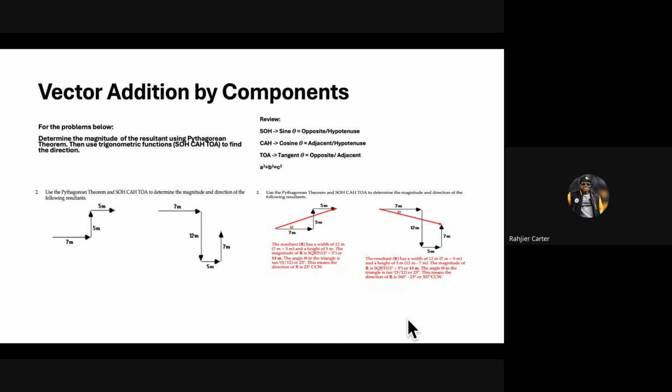So the resultant part is the part that I had a hard time trying to grasp the concept of. This is where it got confusing, was just these problems, these two. I understood everything else.